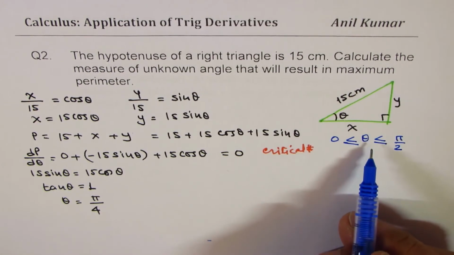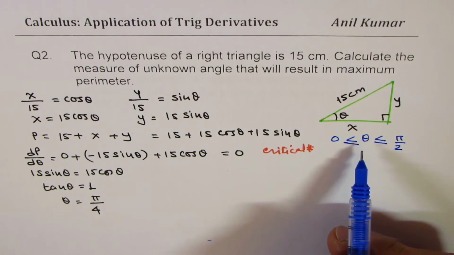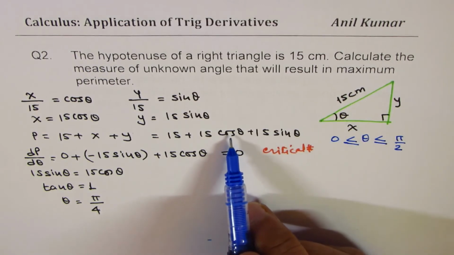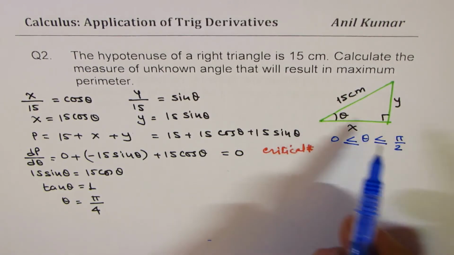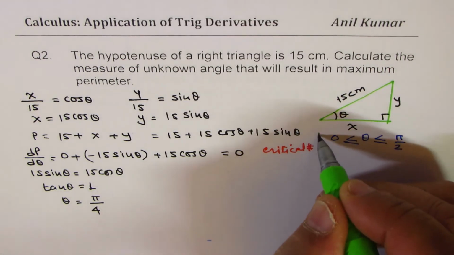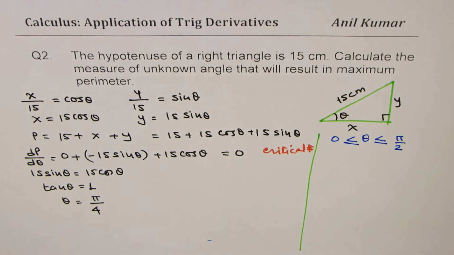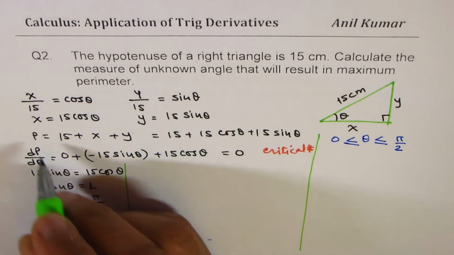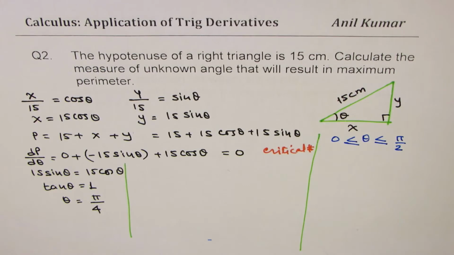Now, you should remember one thing, that cos theta is going to be... anyway, let's figure out the dimensions also and see whether we get a maximum or minimum. So first we got the critical number as pi by 4. Now if theta is pi by 4, what is the perimeter? Let's find this out.